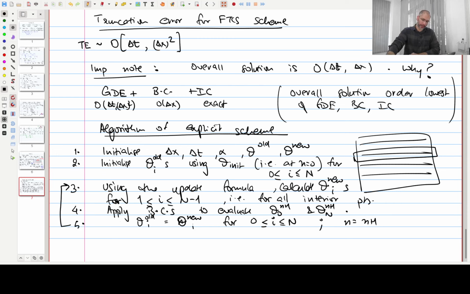That is, we now update or calculate new theta values for all interior points. We do the boundary points for theta new, and then we keep repeating this until some stopping criteria is met.